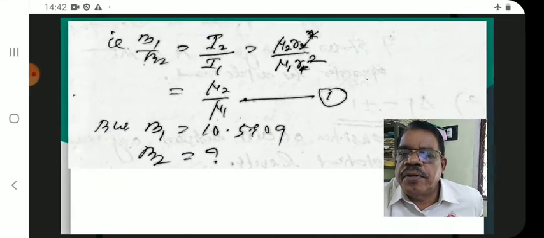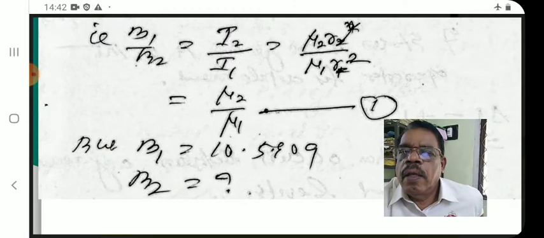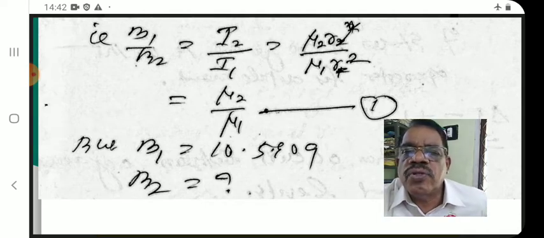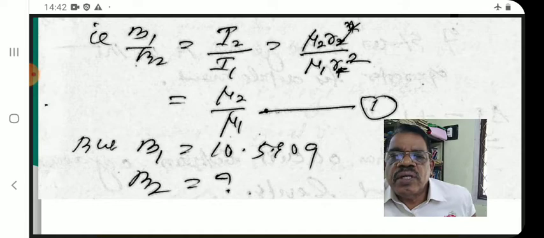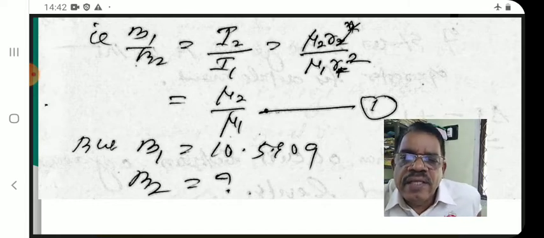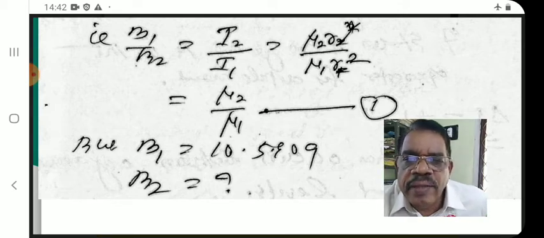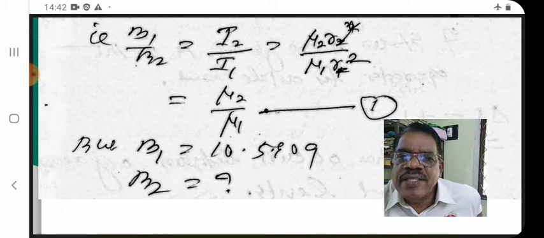We get B1 by B2 is I2 by I1, that is equal to mu2 R2 square by mu1 R1 square. So you need not write R2 or R1 because the bond length is same. For an isotopic molecule, it is assumed that the bond length is same. Bond length R has no change.